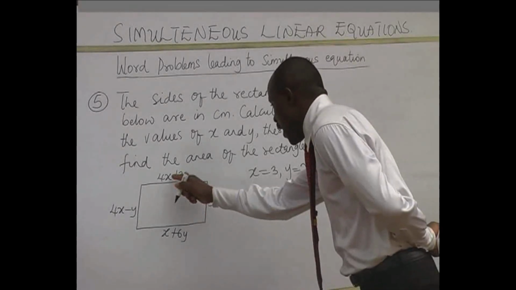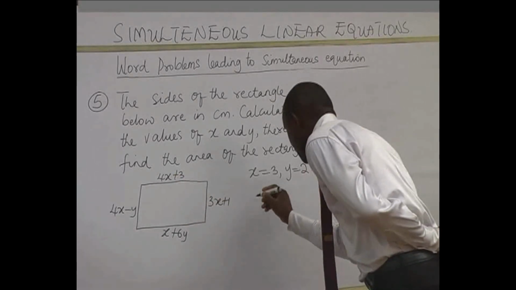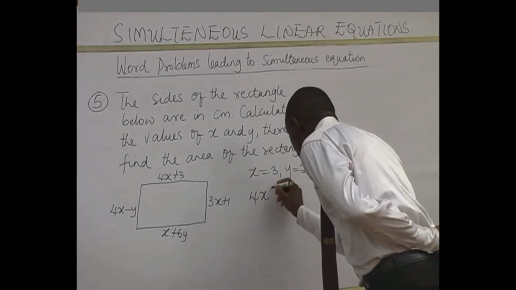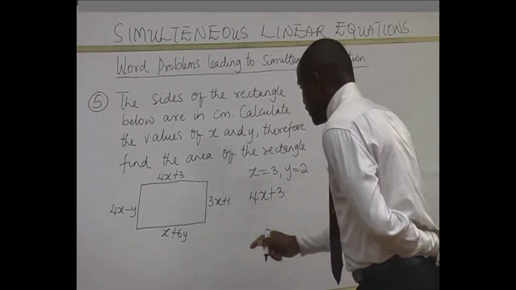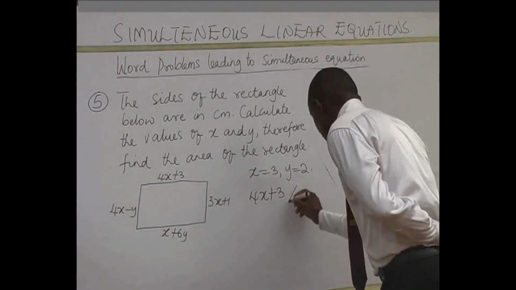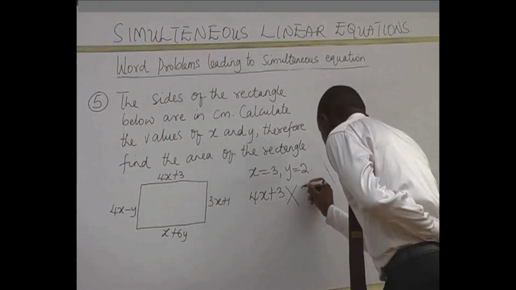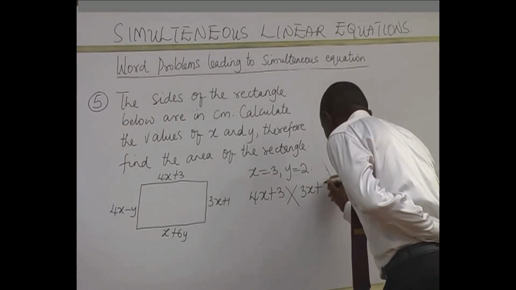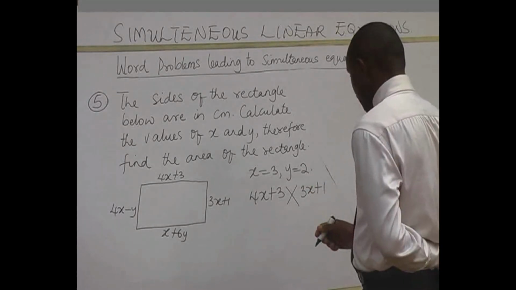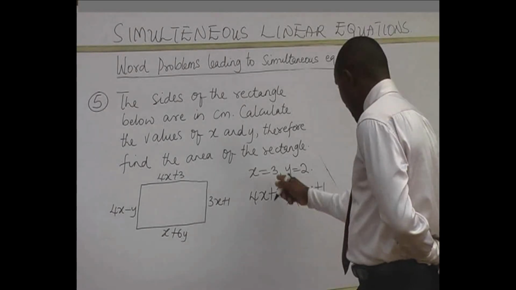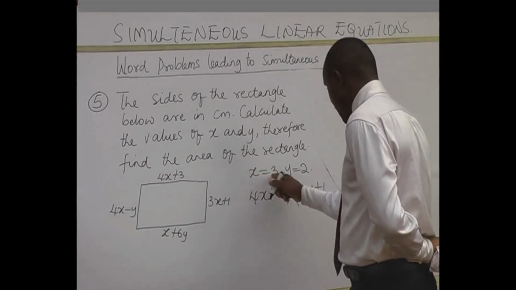Let's take 4x plus 3, times 3x plus 1. X is 3.